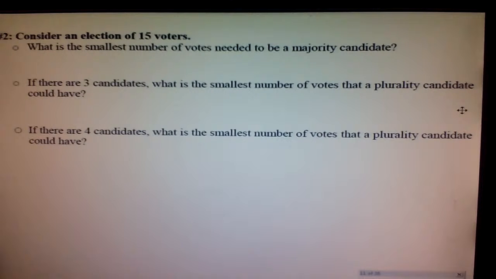So what do you get when you divide 15 split into 4? Perfect.